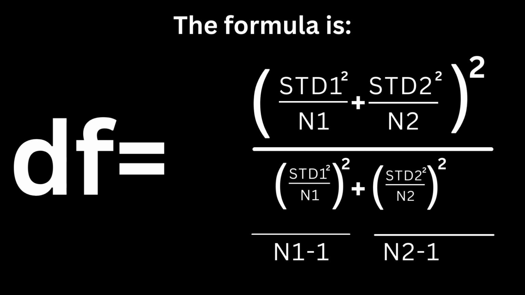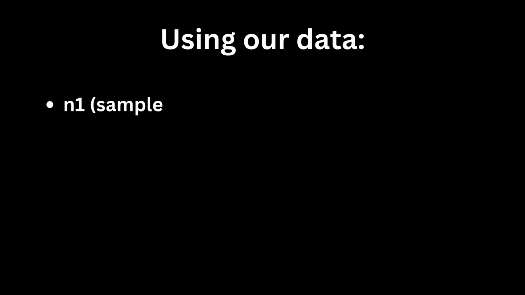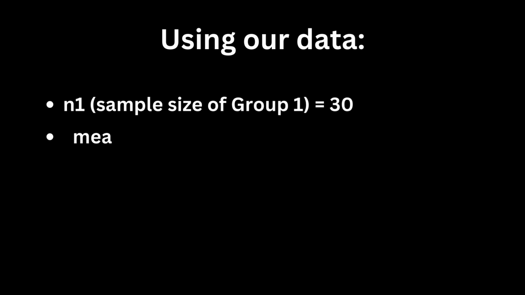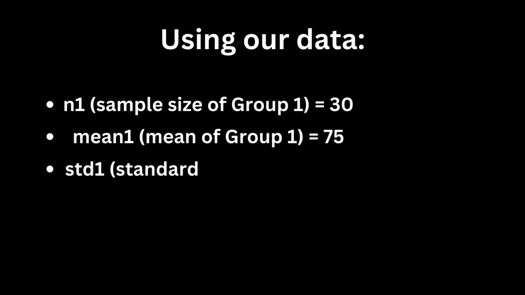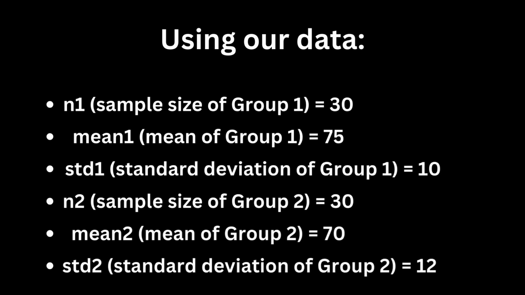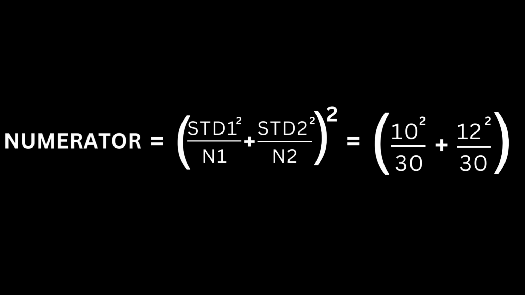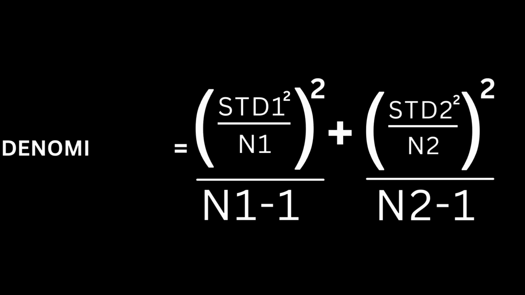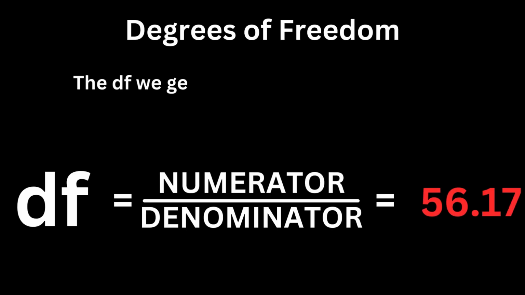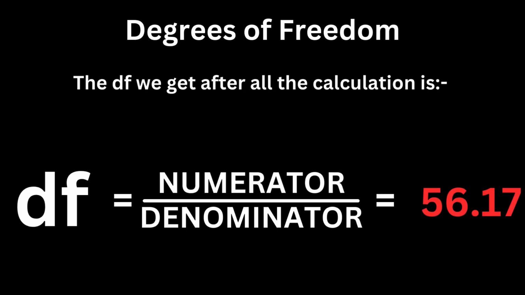Now, using our formula, we can put in all the values. We know the sample size of group 1 is 30, the mean for group 1 is 75, and the standard deviation is 10. Similarly for group 2. When we calculate the numerator and solve the denominator, plugging in all the values, the degrees of freedom, the DF, we get after all the calculations is 56.17.